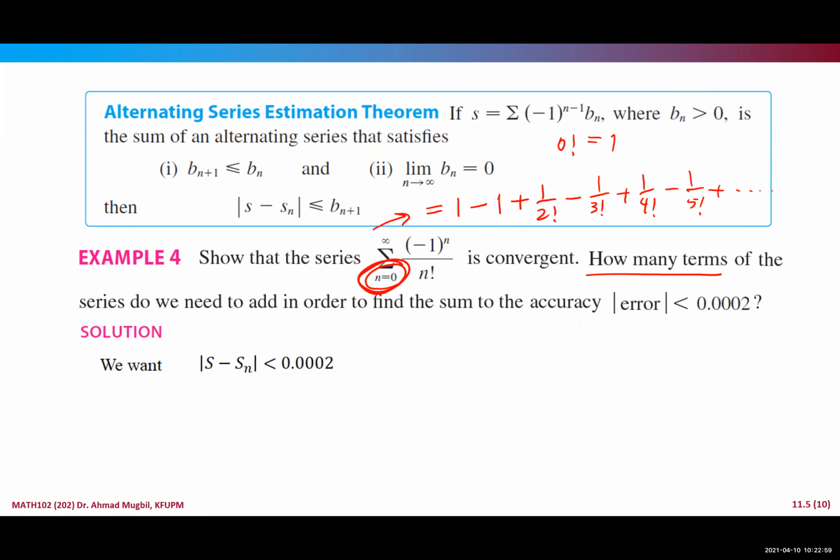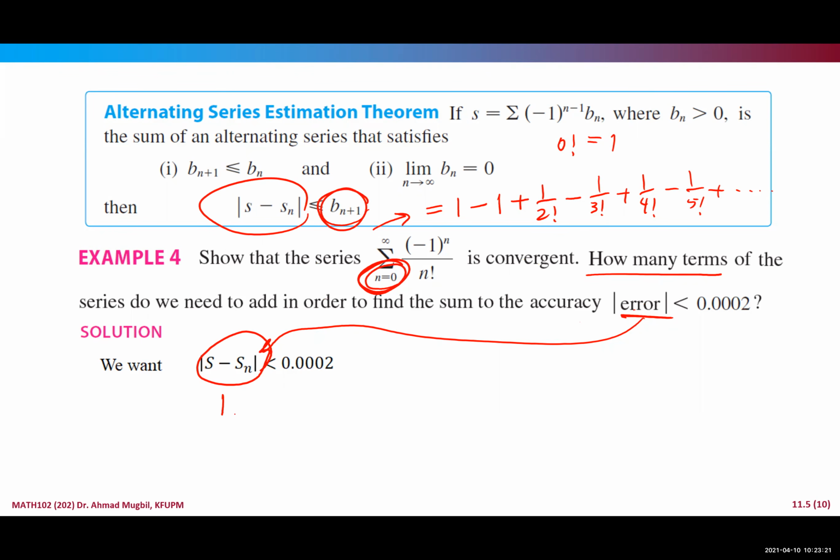Now, what we want is the error. This is the error. According to this theorem, because it is an alternating series that is convergent, we need this to be less than Bn plus 1. So to guarantee that the error is less than this, what we will do is say Bn plus 1 is less than 0.0002.